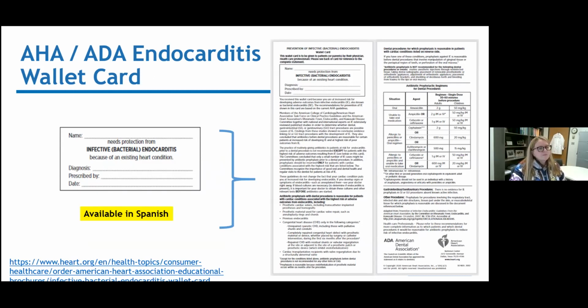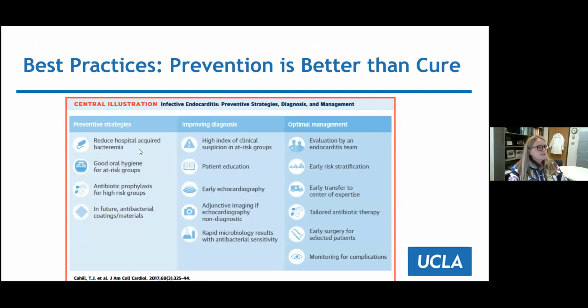It has the antibiotics needed as well. This was just recently updated in 2020, and you can print them off, fold them up, and use them if you like. There's also a card in Spanish. So if you forget what the antibiotics are, you can just pull them up on the card.